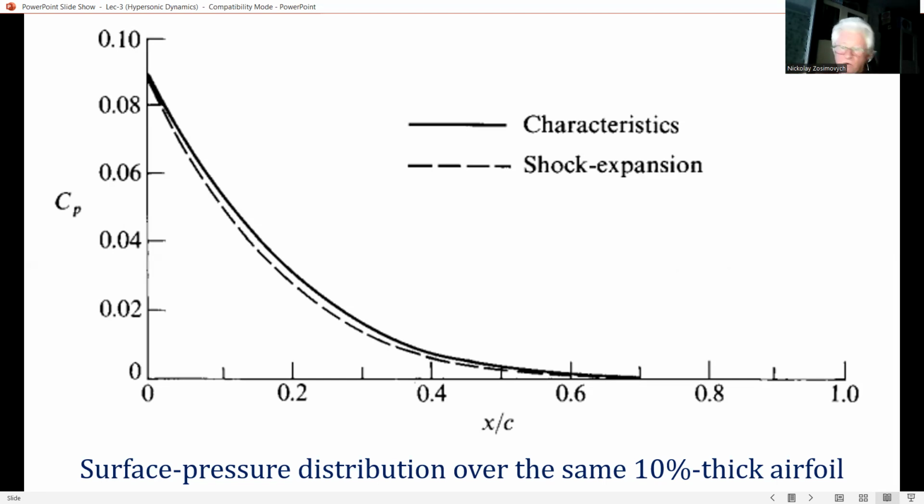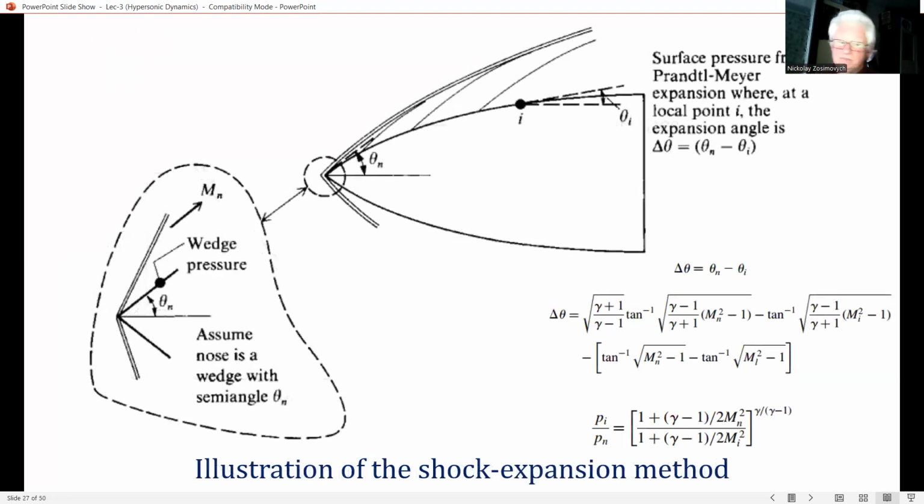Okay? So, the shock expansion method can also be applied to bodies of revolution. The method is essentially the same as shown in this figure, except now theta n is assumed to be the semi-angle of a cone, and Mn and Pn at the nose are obtained from the exact Taylor-Maccoll cone result.